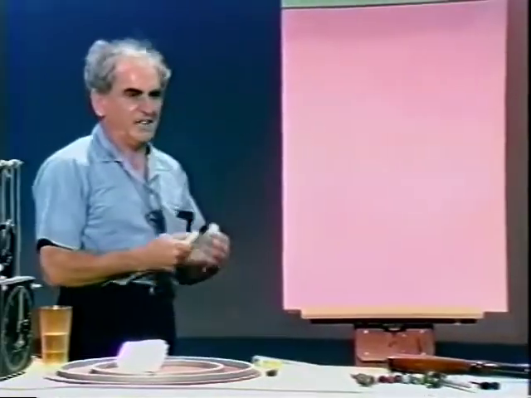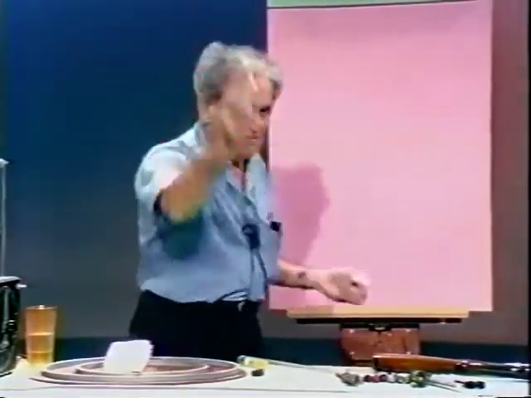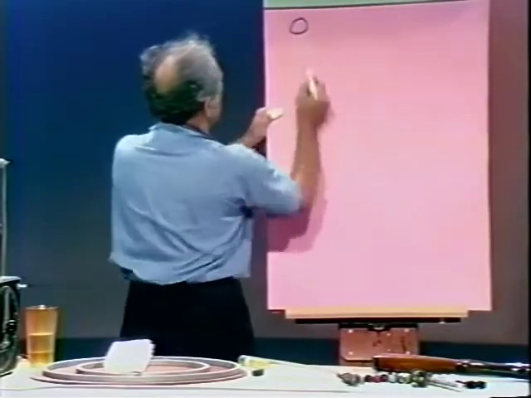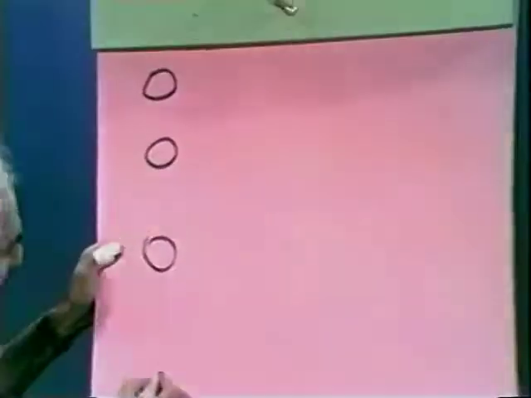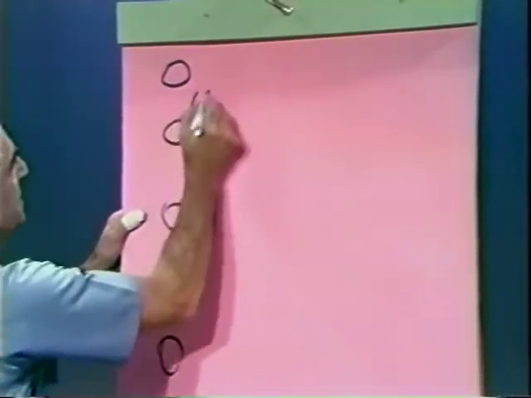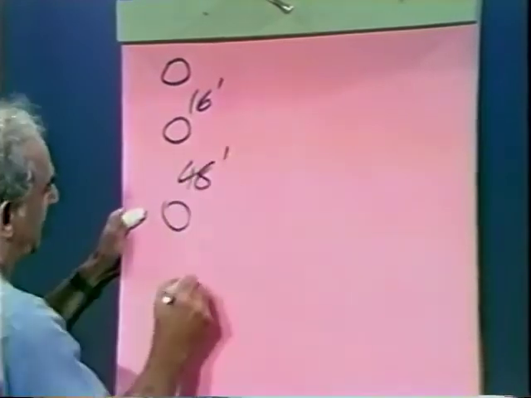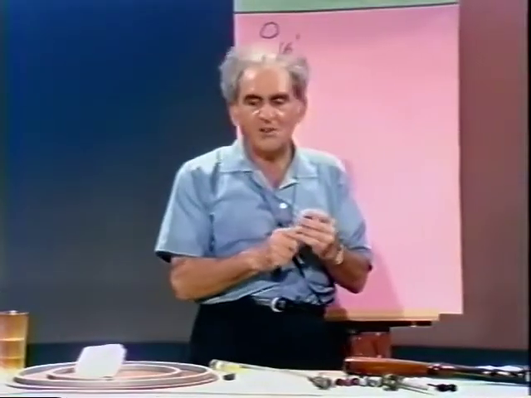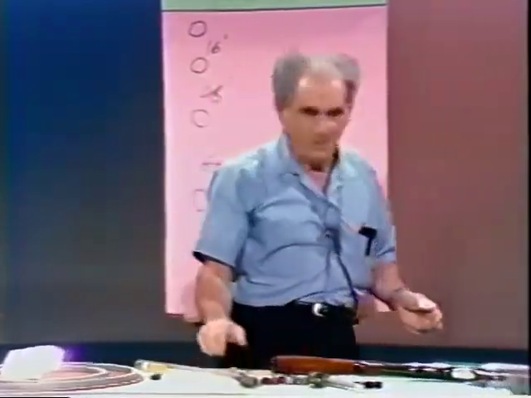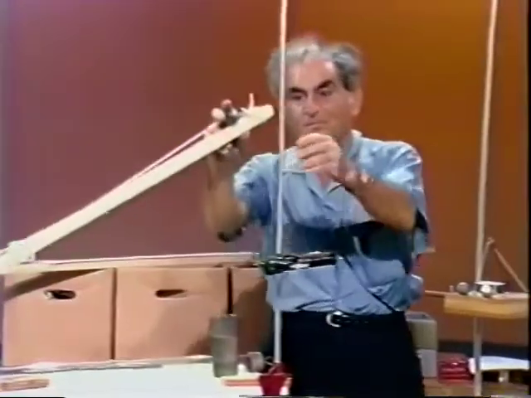Did we not say that when a body falls from rest, it falls successively farther, and the distance is 16 feet, 48 feet, 80 feet, and so on? I have here another experiment that you can do, and we need to take a look at an apparatus which you can make at home.